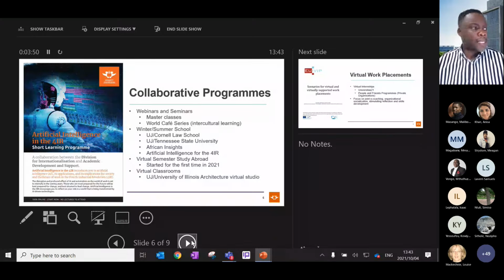We run a series of master classes through our faculties, institutes, and the different departments that all collaborate with international partners to offer these.